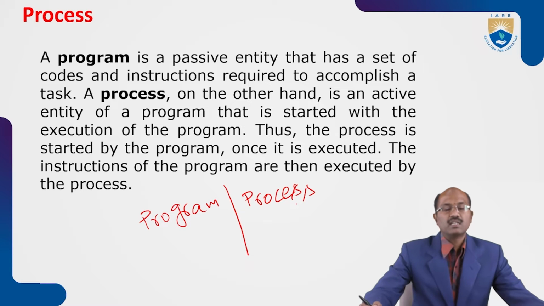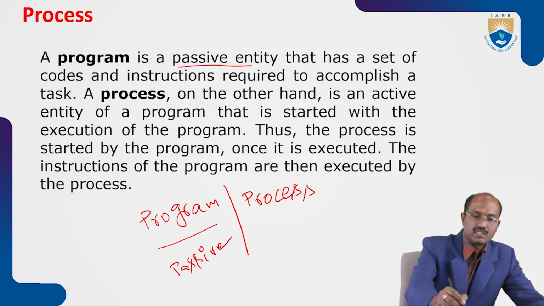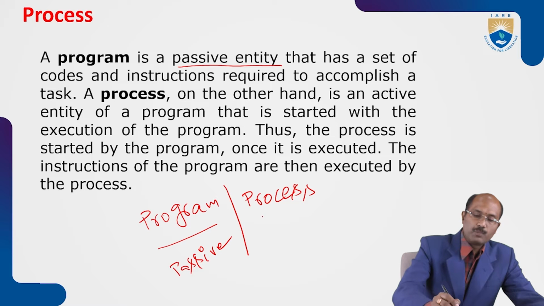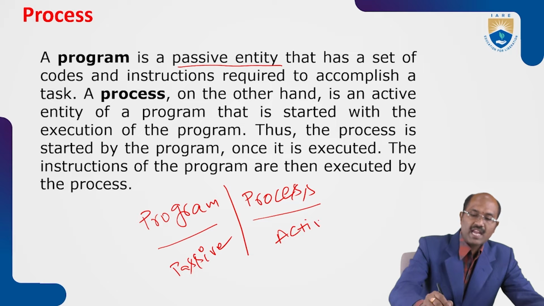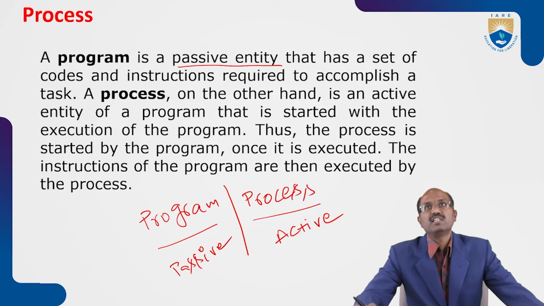In this definition, a program is a passive entity. If a program is a passive entity, the process becomes the active entity. That is the main difference between a program and a process.